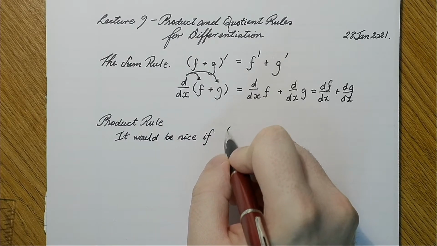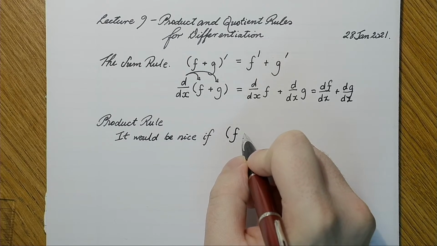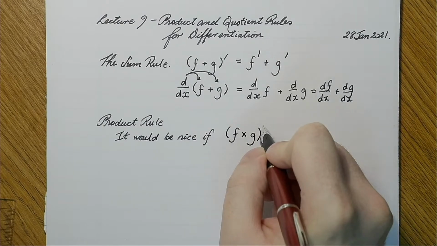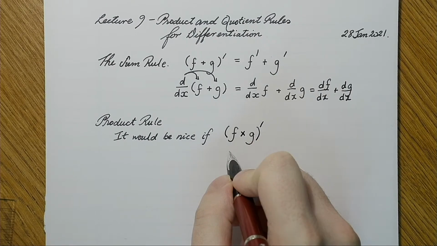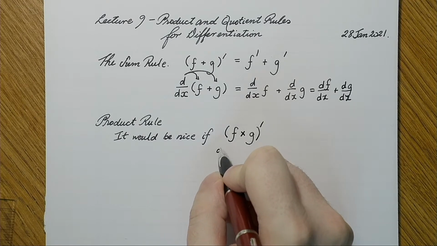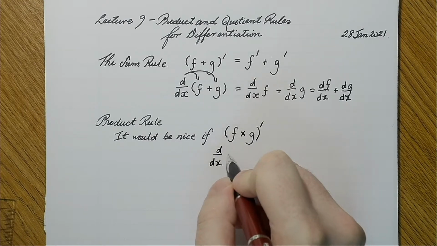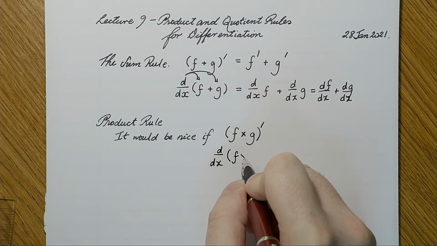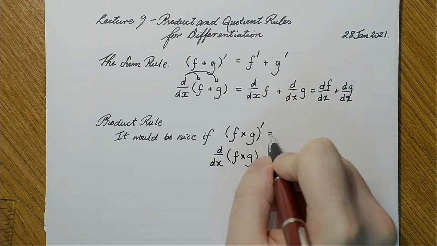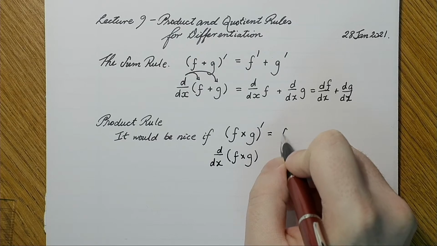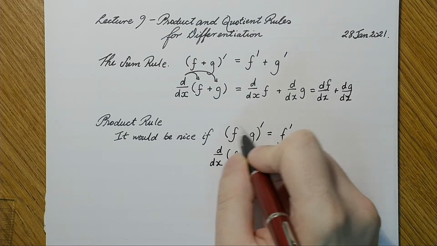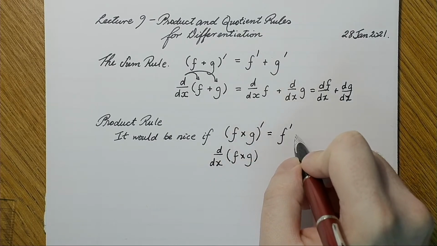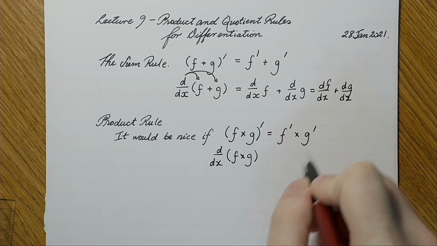What I mean is, if I had the function f times g, and I differentiate it, using Leibniz notation as well, it would be nice if I could just apply the derivative to each individual function.